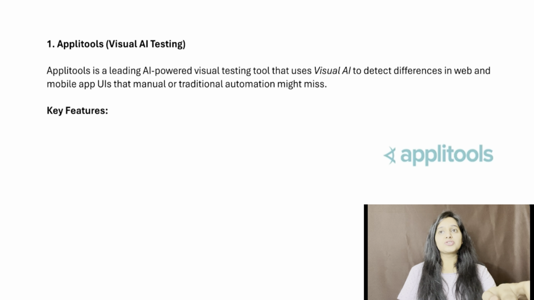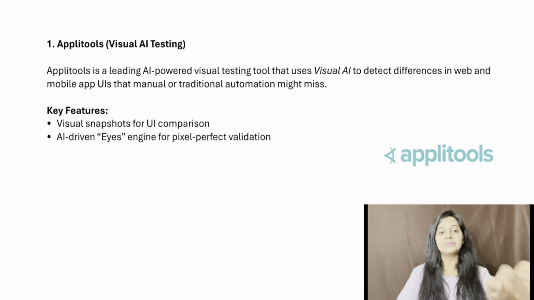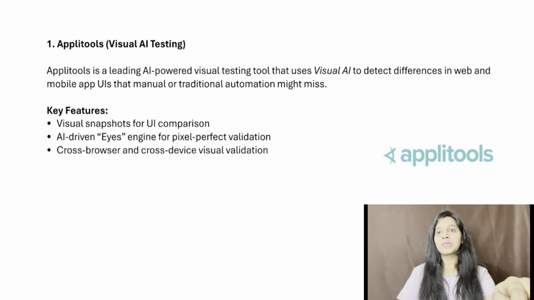The main features of Applitools are visual snapshots for UI comparison. As I mentioned, it will take the snapshot and compare the UI. It has an AI-driven Eyes engine for pixel-perfect validation. Basically it will verify from pixel to pixel, and then the comparison will be done.